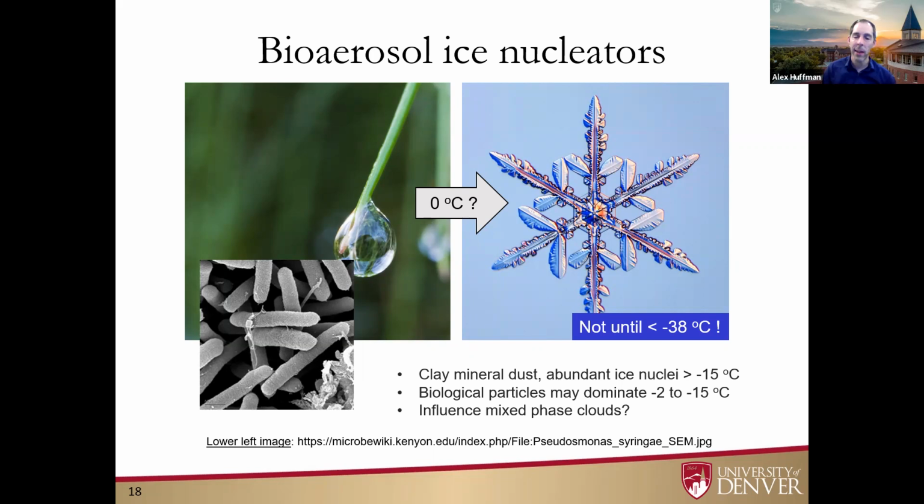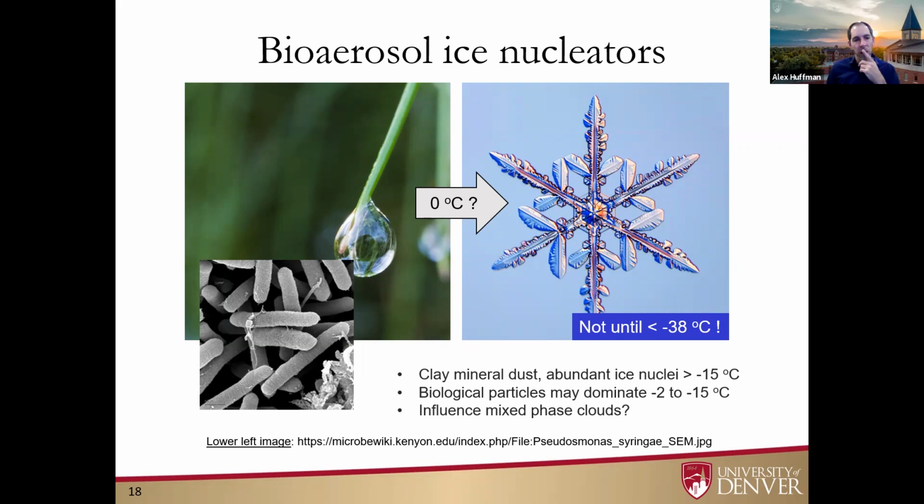Depending on what you put inside it, it can freeze more efficiently. And so if you put certain things inside, mineral dust and others, it doesn't freeze as efficiently, but certain kinds of biological particles can actually nucleate ice at much warmer temperatures. Instead of -15, it can be all the way up to -2, let's say.